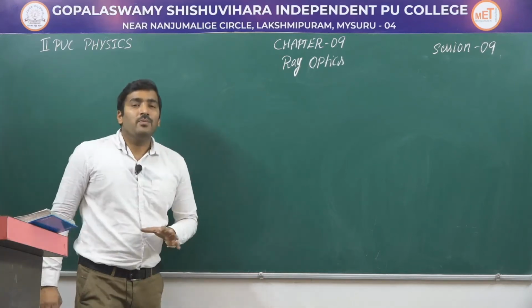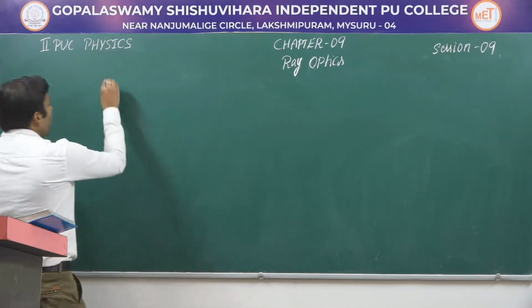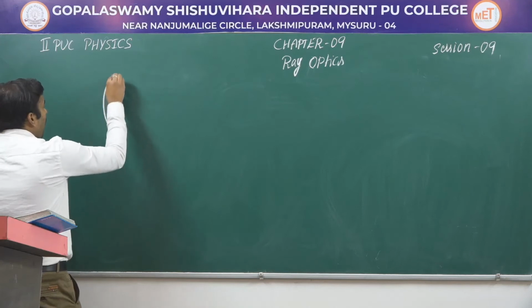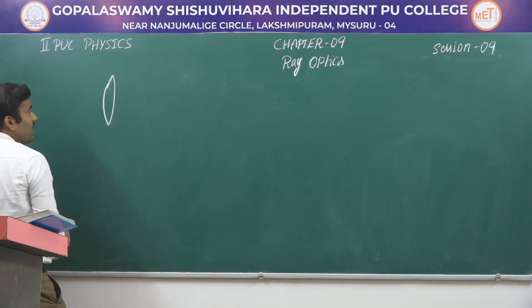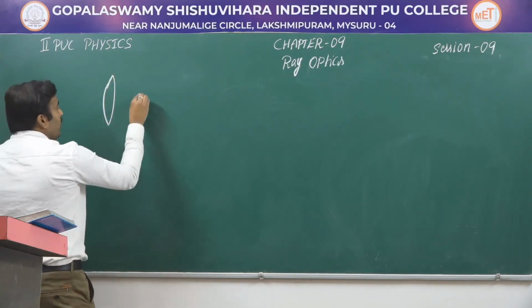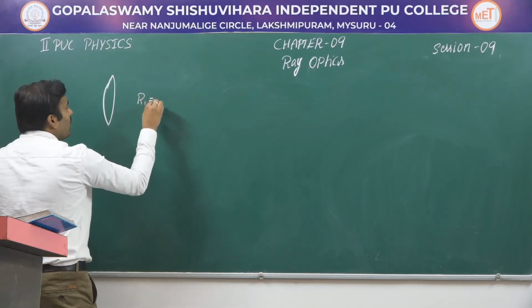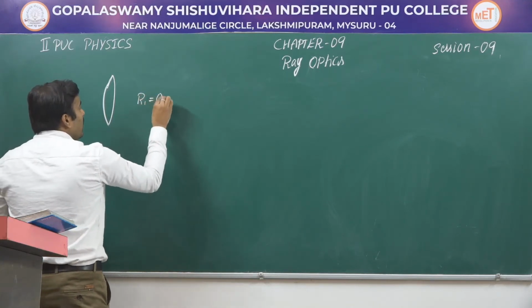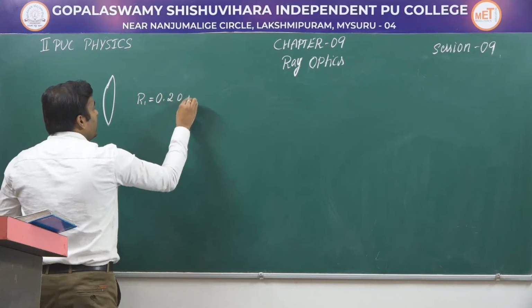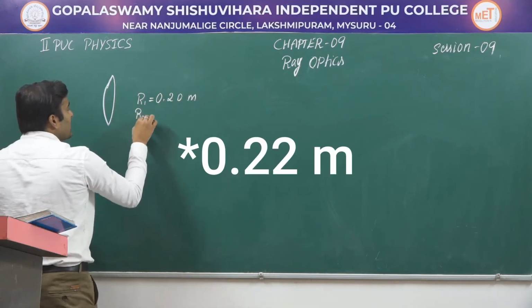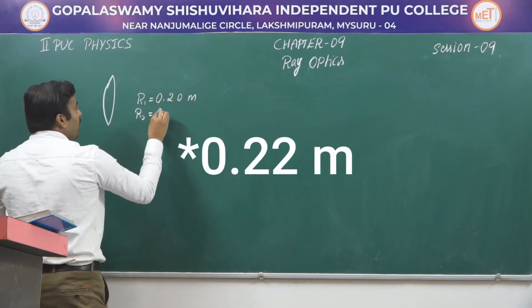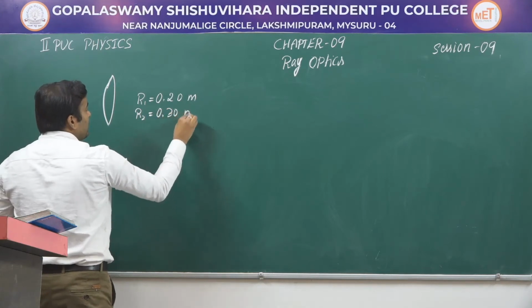Well, in this problem, they have given that we have a convex lens of two spherical surfaces, out of which the first spherical surface has a radius of curvature of 0.20 meter and the second surface has a radius of curvature of 0.30 meter.